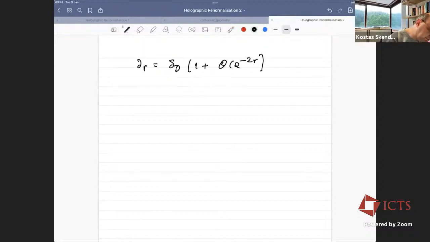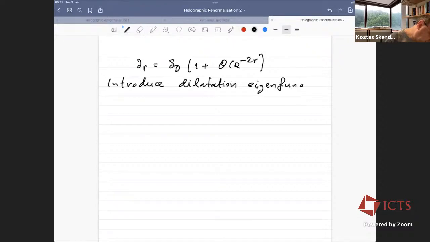we introduce dilatation eigenfunctions. Would be functions. So the index here indicates what is the eigenvalue that behaves in this way.